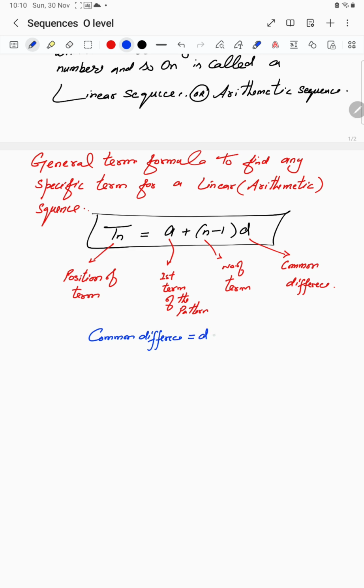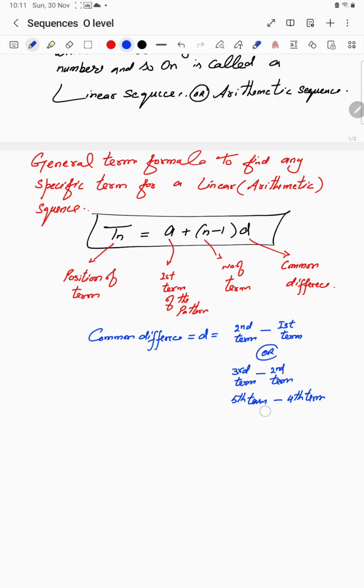The common difference is denoted by d, and it is always calculated as the second term minus the first term, or you can write it as the third term minus the second term, or the fifth term minus the fourth term.